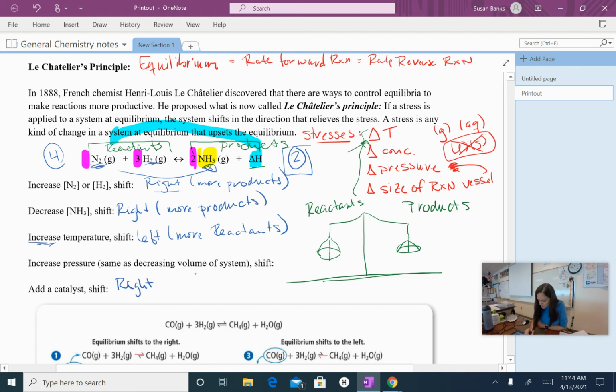Shift right. Okay. Now, if I add a catalyst, it indeed does speed up the reaction, but it speeds up the reaction both ways. So if I add a catalyst, the rates just go faster, but they still are equal. So there's no shift with a catalyst.